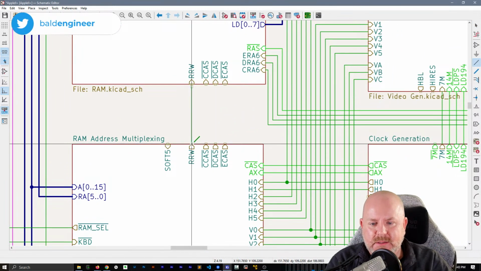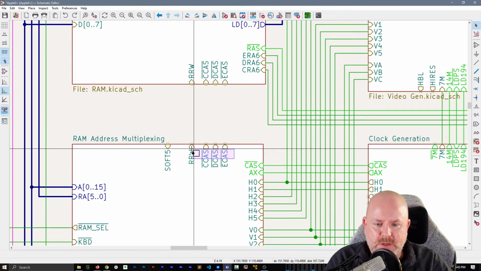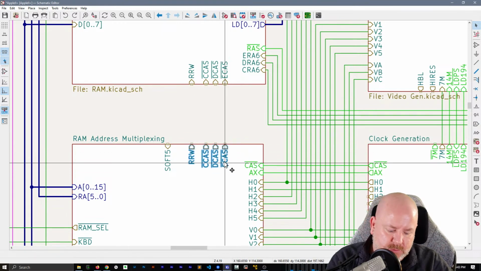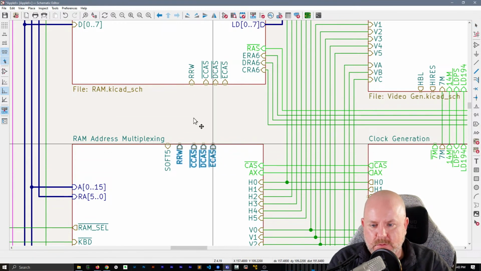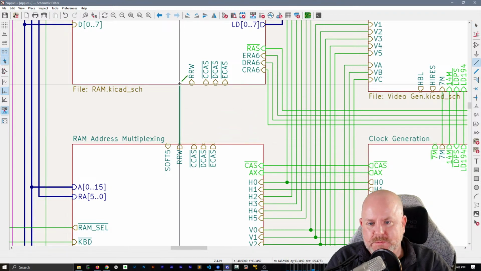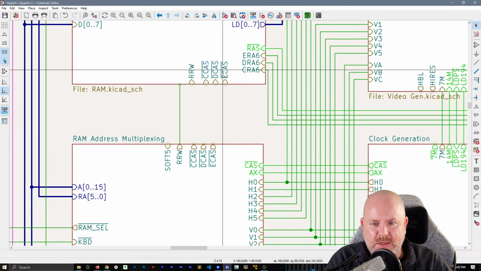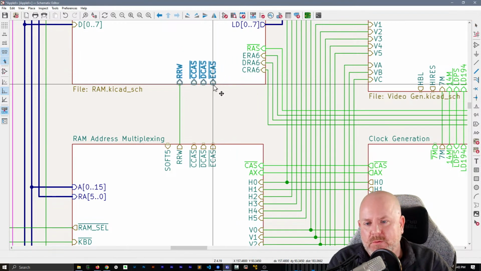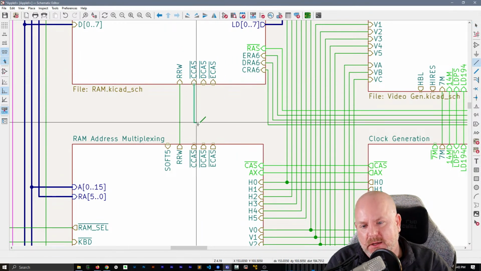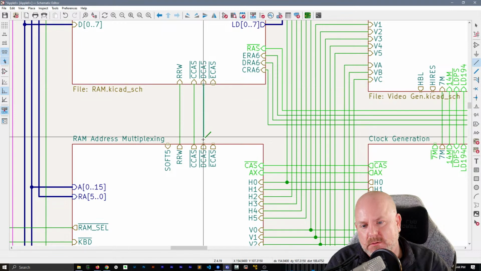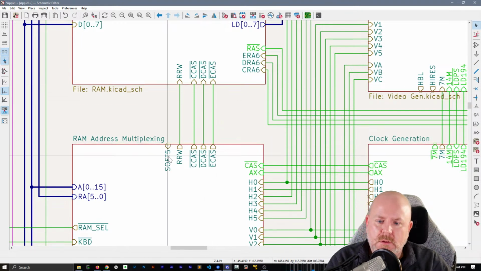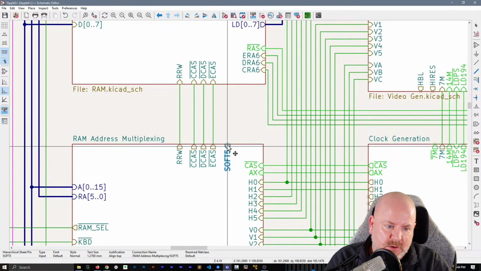All right, so if I reconnect these, actually I'm going to wait on that because what I want to do is take this guy. I want to move all of these over. I'm going to draw a wire up to here so I can grab these and, whoop, hey, what are you doing there? Move those over, and now we'll connect the lines. I can move this over to here.